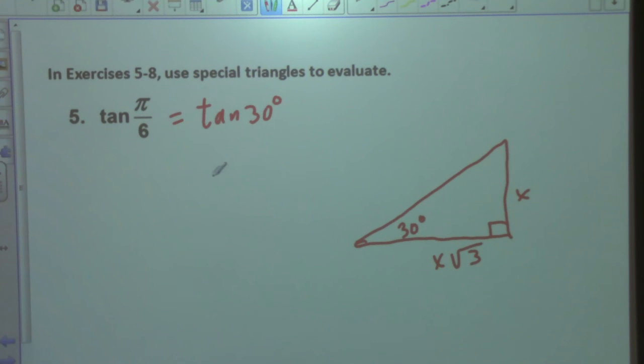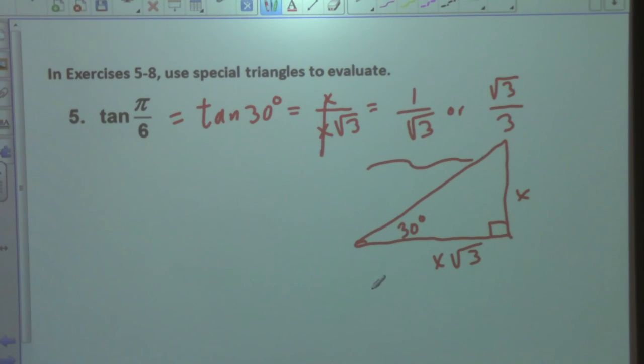And so that's going to be equal to opposite over x square root of 3, which is going to be equal to 1 over square root of 3, or if you rationalize it and multiply by square root of 3 over square root of 3, you get square root of 3 over 3. Okay, so that's 5 worked out.